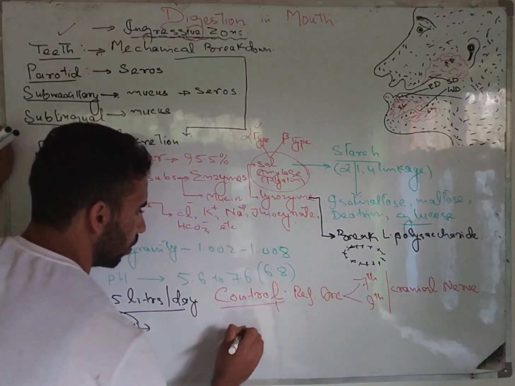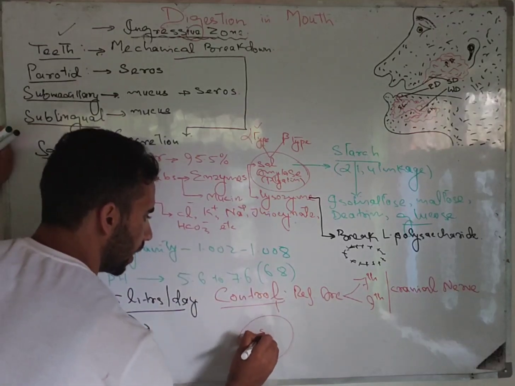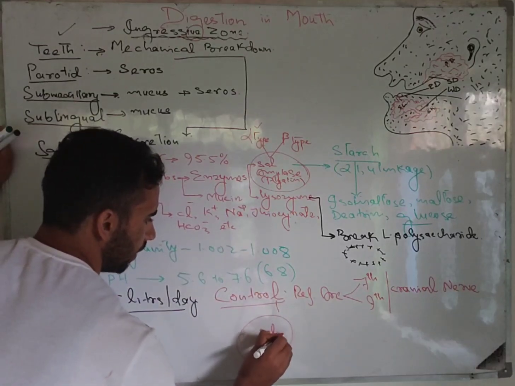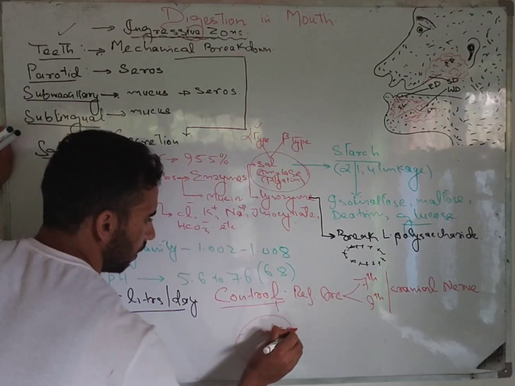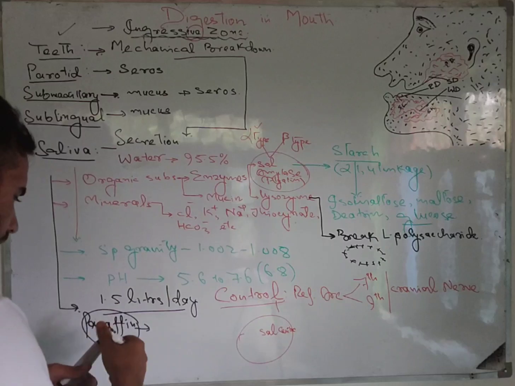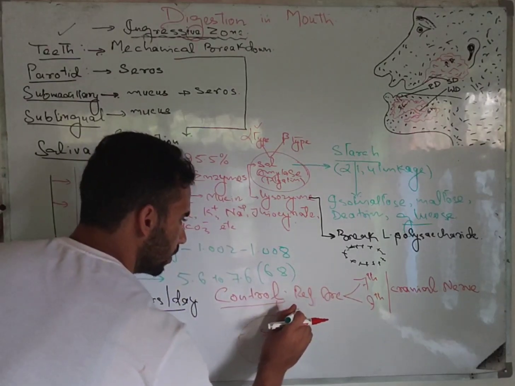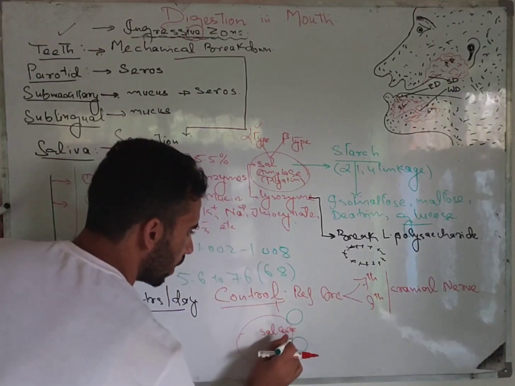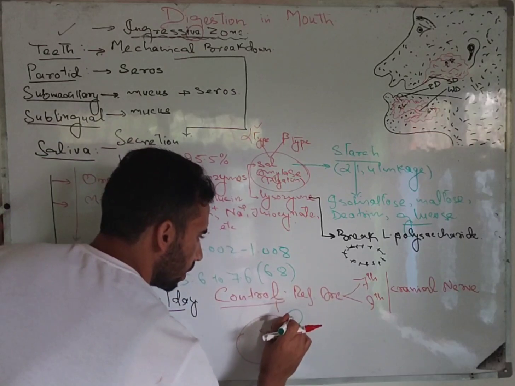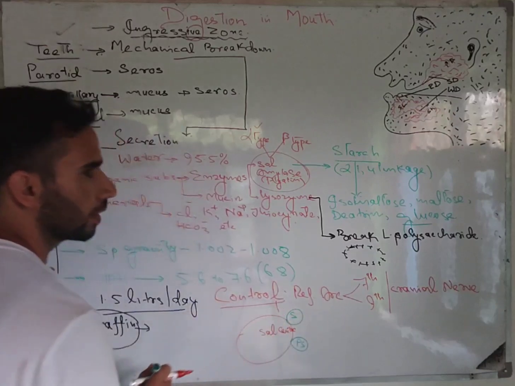See, this is the medulla oblongata, and here we have the salivary center, and our salivary center has 2 components to regulate the synthesis of saliva. One component is sympathetic and another component is parasympathetic.